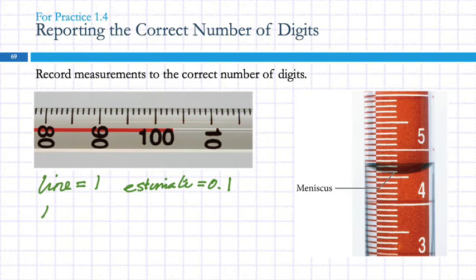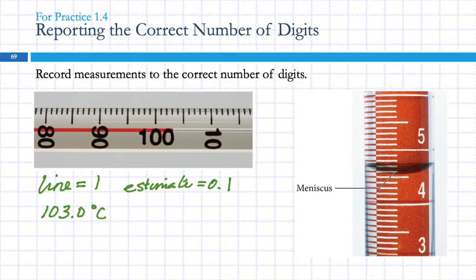So that's 103. And then we're going to estimate the next decimal place. And somebody might look at that and say, well, I think it's right on 103. Well, how do we estimate that then? 0.0. So we write 0.0 degrees Celsius.